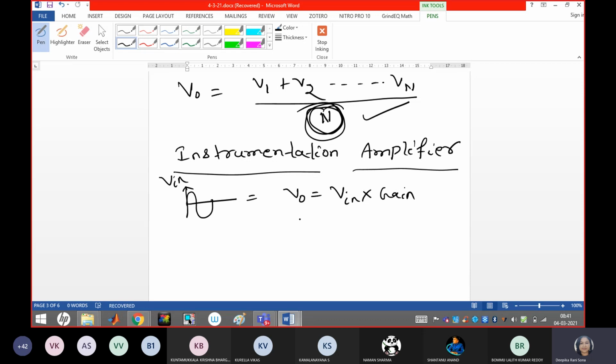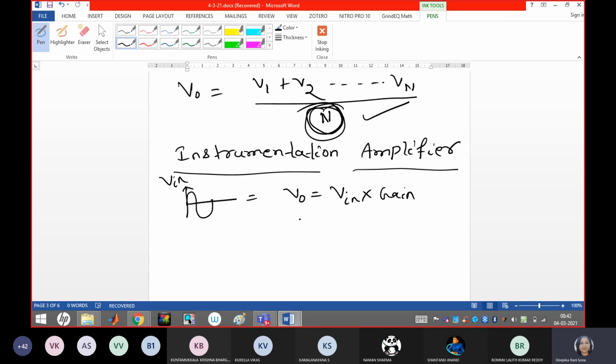And what are the specifications of this, guys? First, it will show a high CMRR value. Ideally we know that CMRR value is infinite, but it will show an extremely high CMRR value, a very high input impedance and very low output impedance, and it offers accurate and stable gain typically in the range of 1 to 1000 volt per volt.